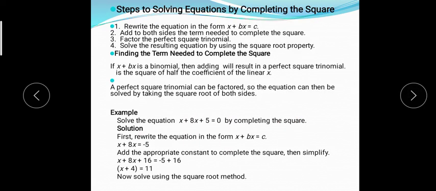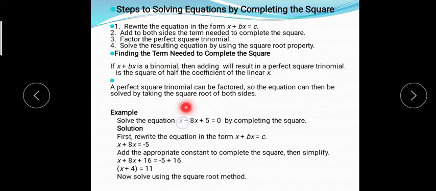Next is another method. Rewrite the equation in the form x square plus bx is equal to c. Add to both sides the term needed to complete the square. Factor the perfect square trinomial and solve the equation by the square root property.